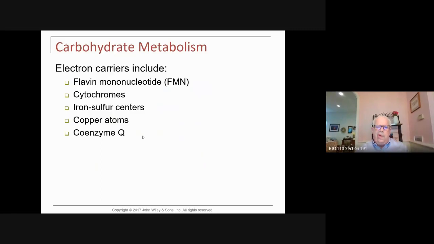So the first 2 I want you to know. Flavine mononucleotide, FMN. It is a precursor to riboflavin, a B vitamin. And the other is cytochromes. Cytochromes will carry electrons in the electron transport chain.